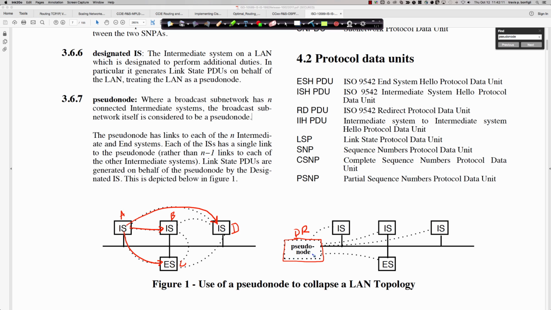So the pseudonode is this virtual concept, and it's the same thing. The designated router, it's a virtual concept. It resides on one of the routers, right? And it can reside on any of the routers that are participating on this multi-access segment, but it's only on one of them at a time.